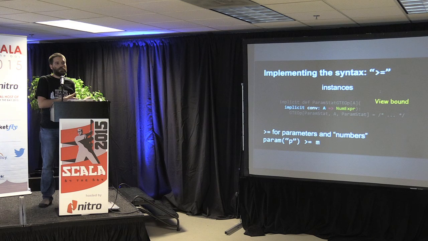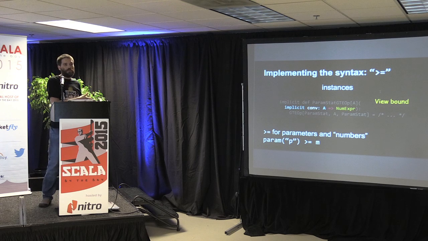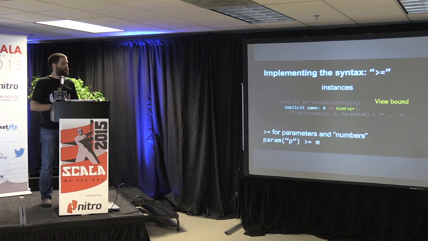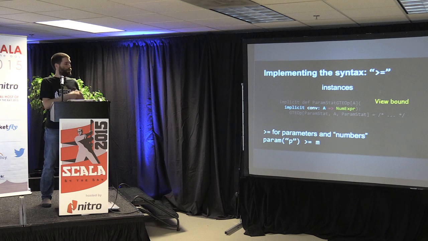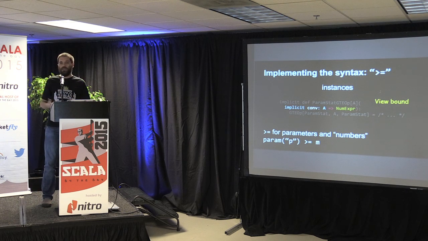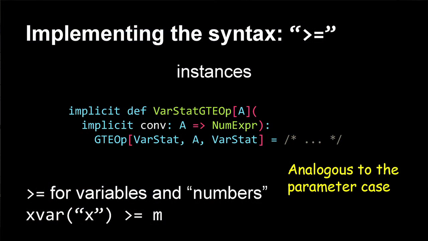In Scala this is called a view bound. This puts a constraint on all the possible types that can be used here, so it's generic as long as you have this implicit conversion. With this, we can use greater than or equals to define the lower bound using any numerical expression, but also any other type that can be seen as a numerical expression. So this is the instance for the variable.